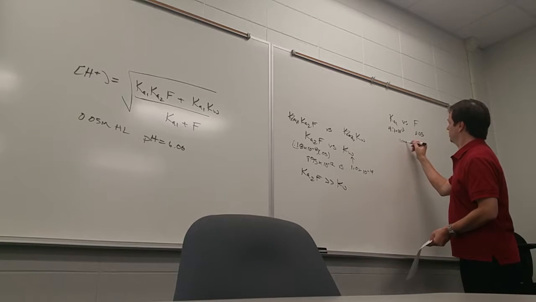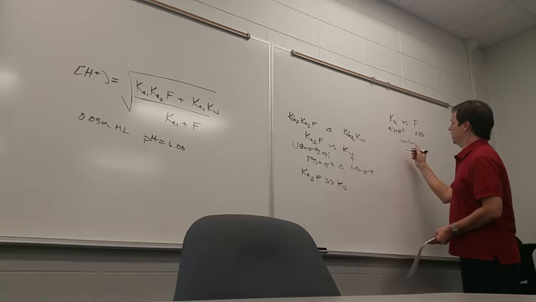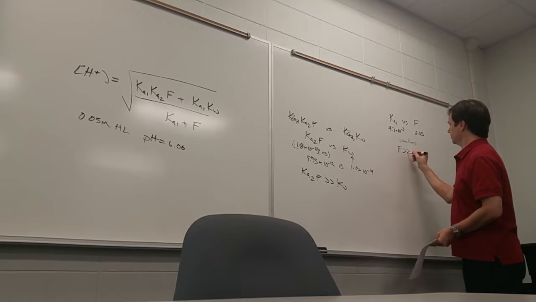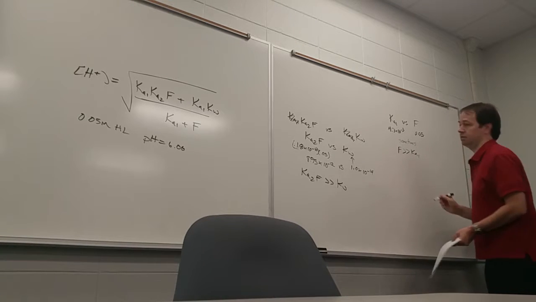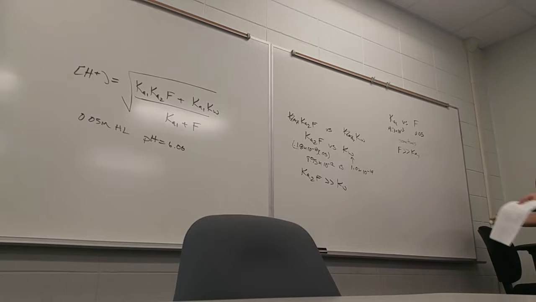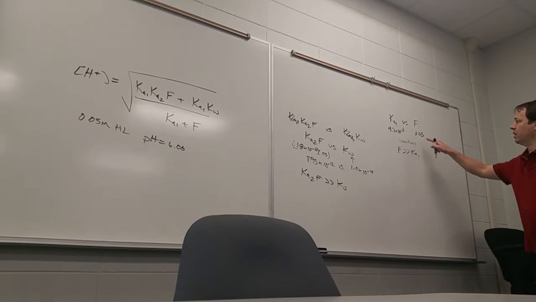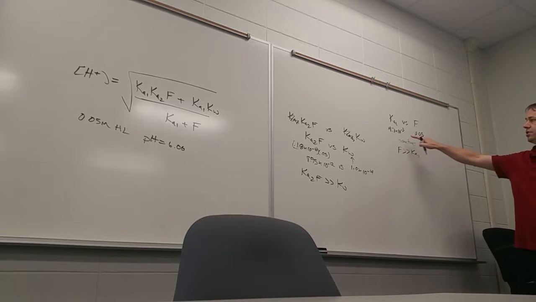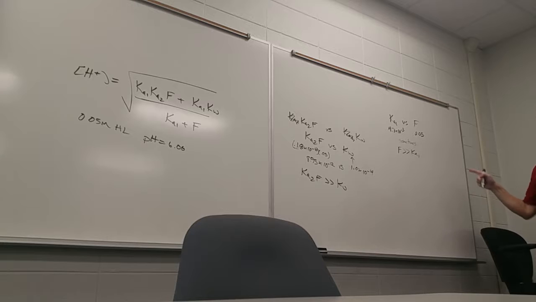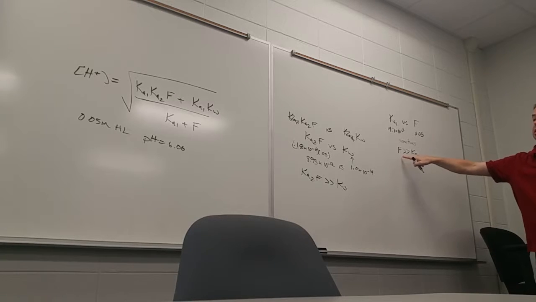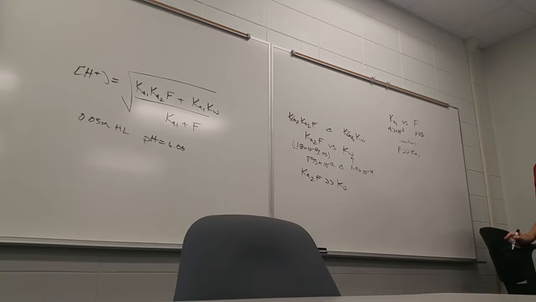So sometimes we can find that F is greater than Ka1. And for purposes of the test, and I keep saying the test because we're going to have it here soon, most of the time I will give you an acid that is appreciably stronger than Ka1, and when you can do that, then that part of the equation also clears out.